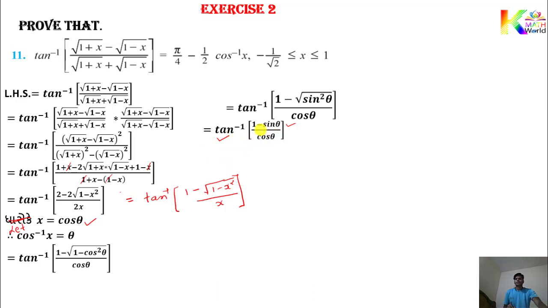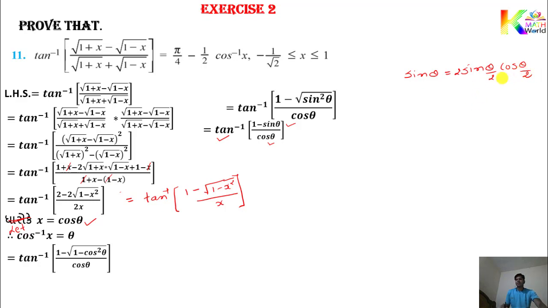Okay, so for that, you have cos theta and you have sin theta. So you have the half angle formula for sin theta. What is the half angle formula for sin theta? 2 sin theta by 2 cos theta by 2.